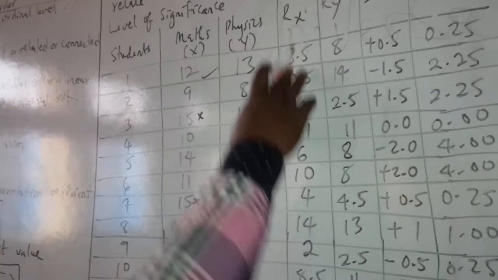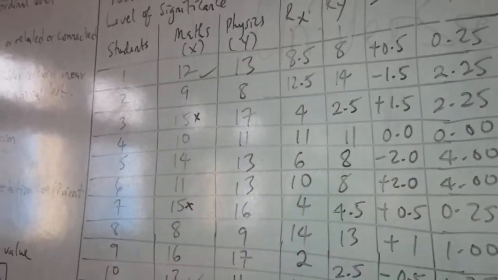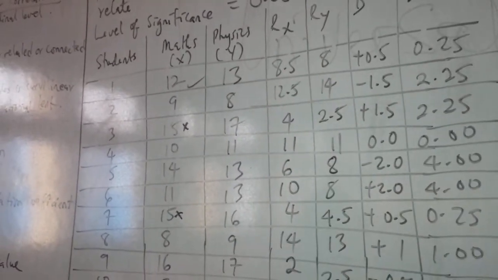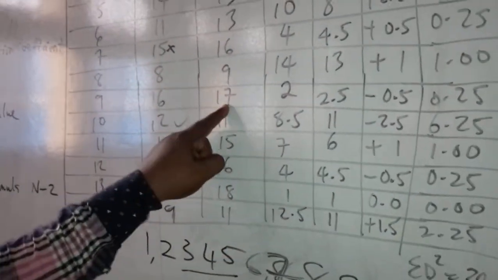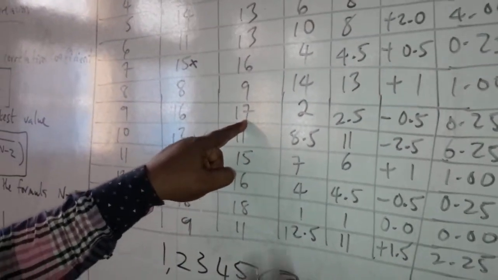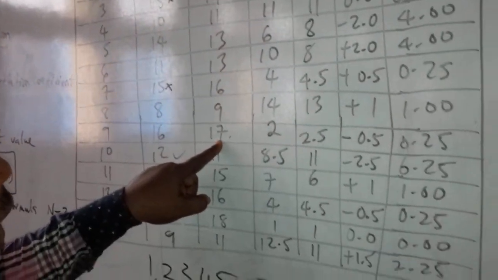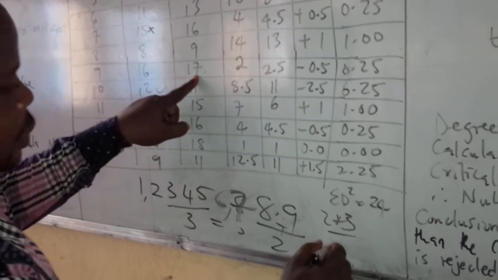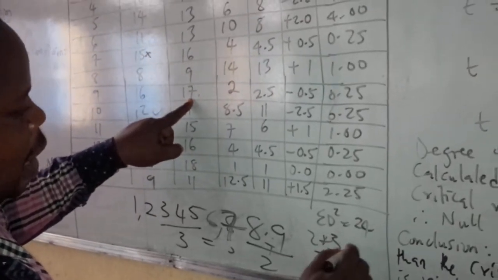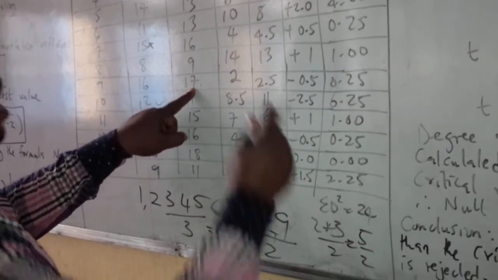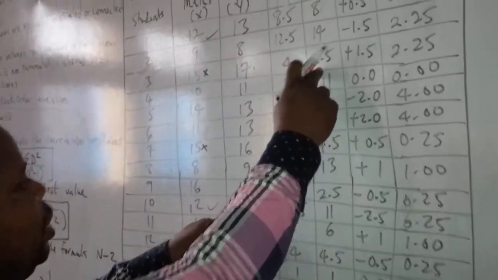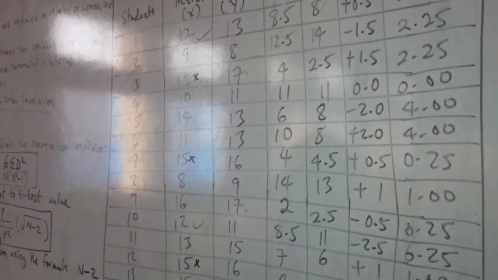Now, after ranking the mathematics score, we also rank the physics score. The physics score, 18 is also the highest, followed by 17. And 17 appears twice. And so 17 is occupying second and third position, and so you have 5 over 2. That's why anywhere it's 17, what you have there is 2.5.